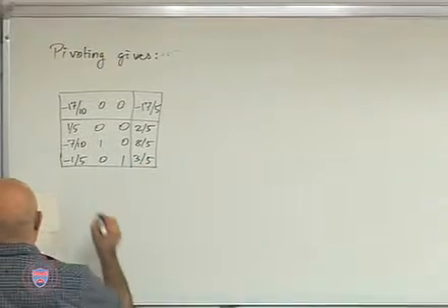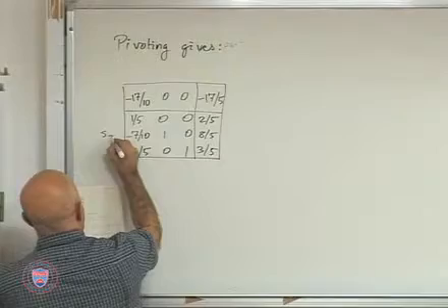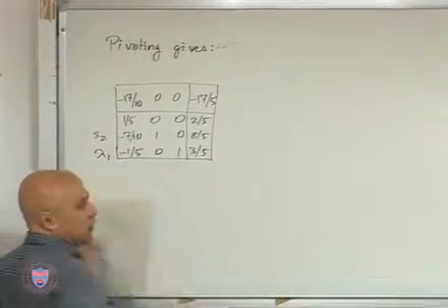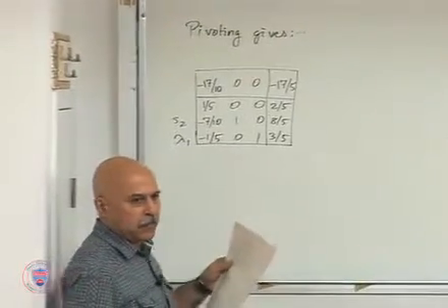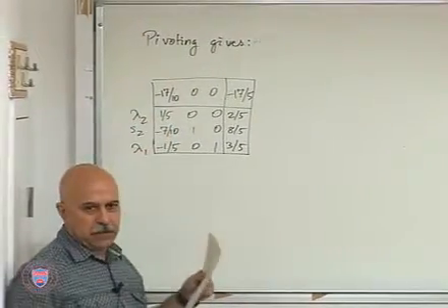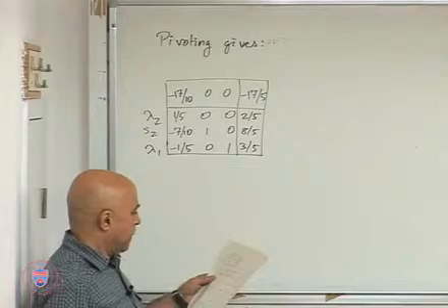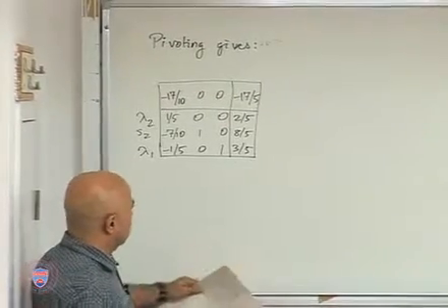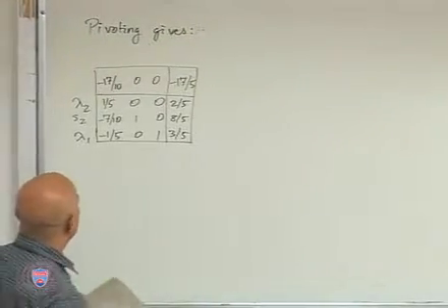What are the basic variables? S2 and lambda 1, they used to be basic, they are still basic. And lambda 2 is the new basic. Okay, so that's the new solution.